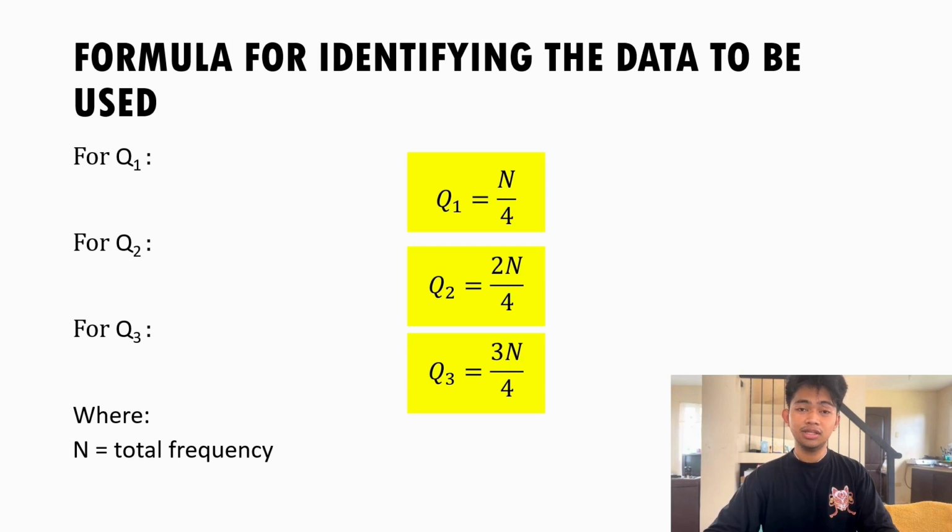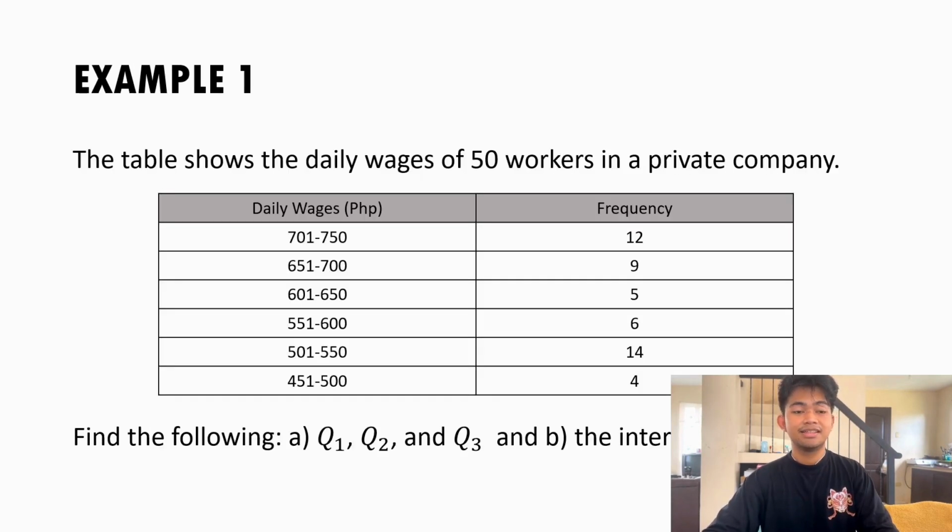For Q3, it's just 3n over 4. So it's very easy to memorize since Q1 is just n over 4, while Q2 is n multiplied by 2 over 4, and Q3 is 3 multiplied by n over 4, where n is equal to the total frequency. Okay? Next will be an example.